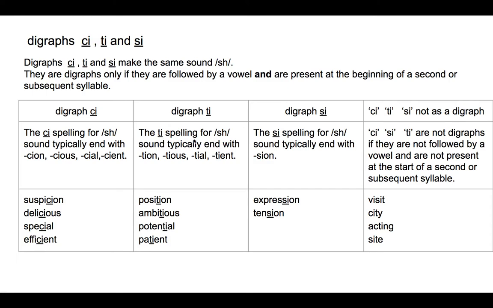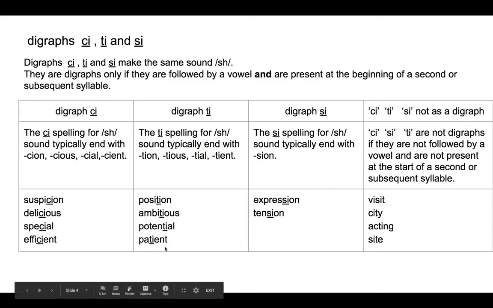The TI spelling for sh sound typically ends with these: TION or TIOUS or TIAL or TIENT. So both of these have almost the same endings: ON, OUS, IAL or IENT. For example, position, ambitious, potential, patient.